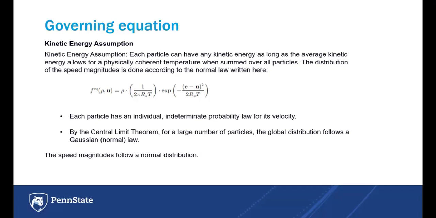The constant R_s is the specific gas constant, T is the temperature, e is the microscopic velocity of particles, and u is the macroscopic velocity. We use this formula for a fluid at rest, where the sum of velocities is known.